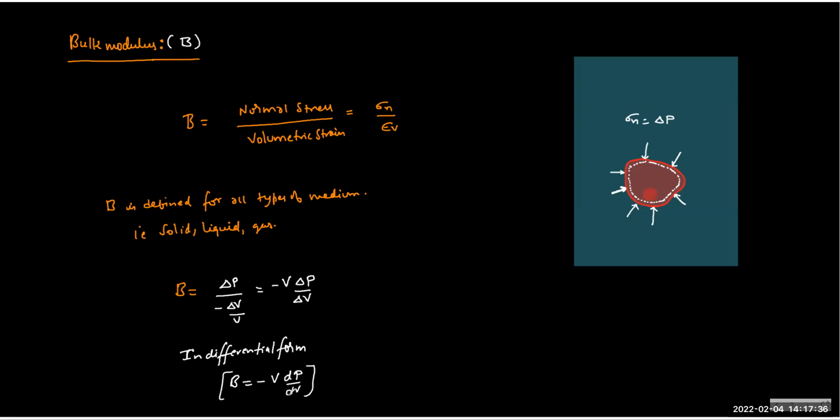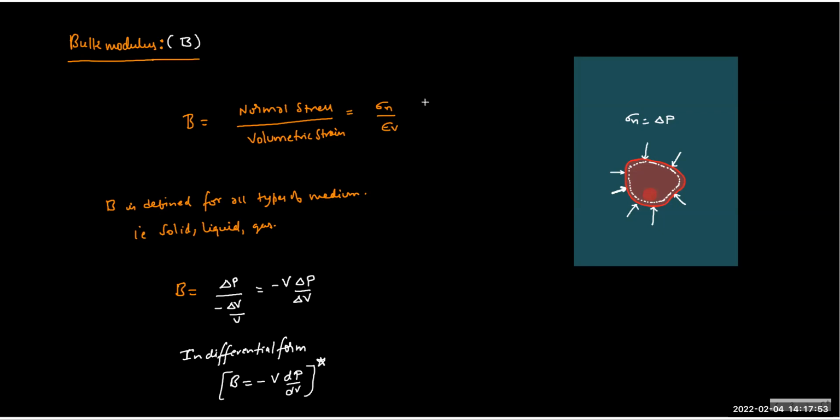So when you multiply volume with the pressure gradient with respect to volume, what you get is called bulk modulus. So this is the definition that we use to derive various formulas.